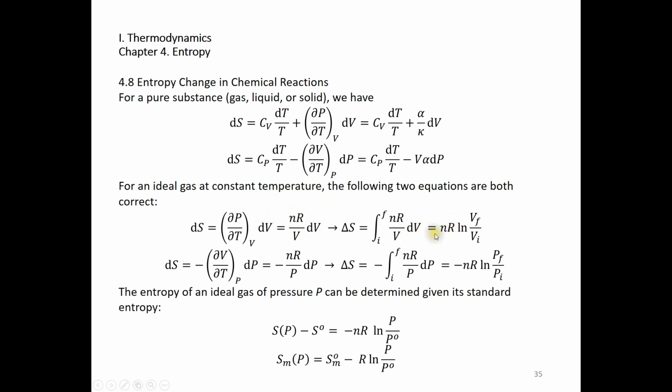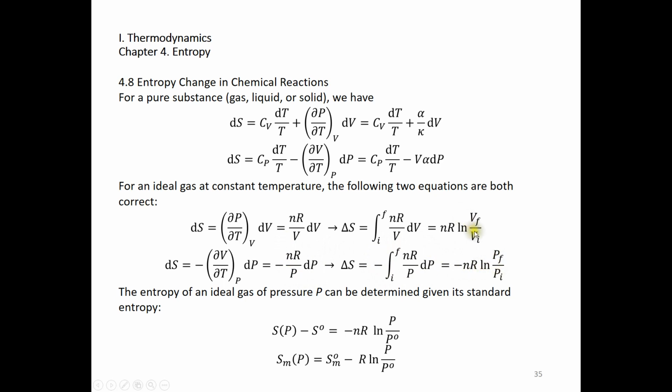We get nR times the natural logarithm of V final over V initial. That's easy. Over here we have a negative sign. ∂V/∂T is nR over P. We can also integrate this. Alright, so this is the integral. We get negative nR times the natural logarithm of P final over P initial.